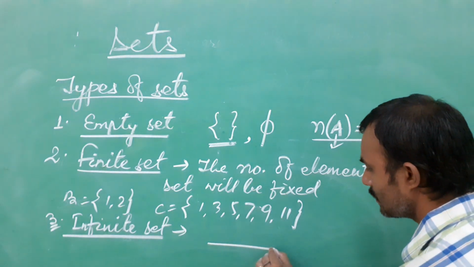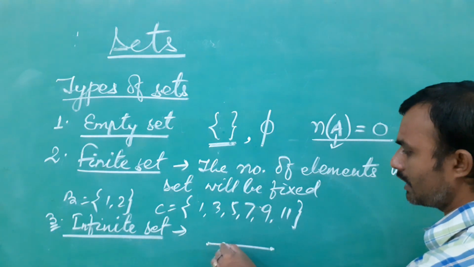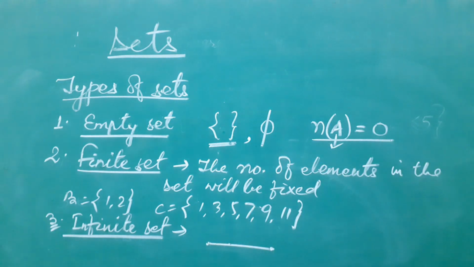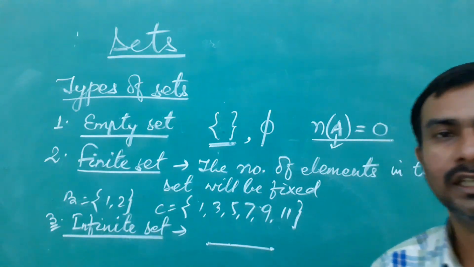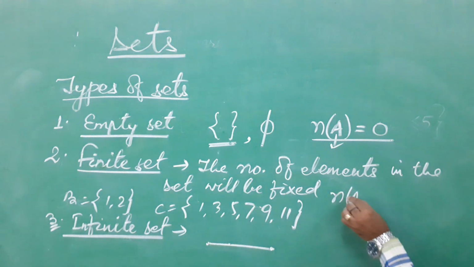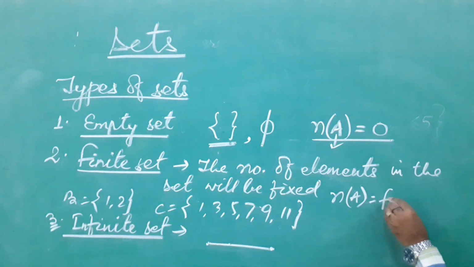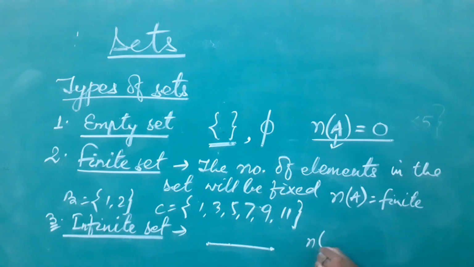In a line segment, how many points? 1, 2, 3, 4, many possibilities, infinite. So this kind of set is known as an infinite set, where the number of elements is infinite. Here the number of elements will be finite. In this condition, the number of elements will be infinite.